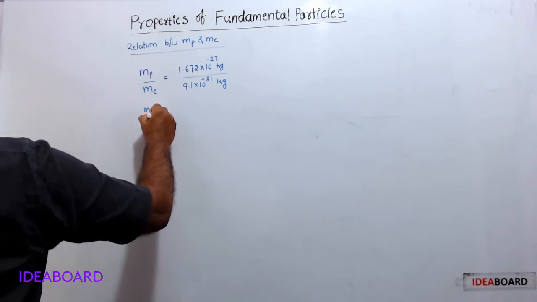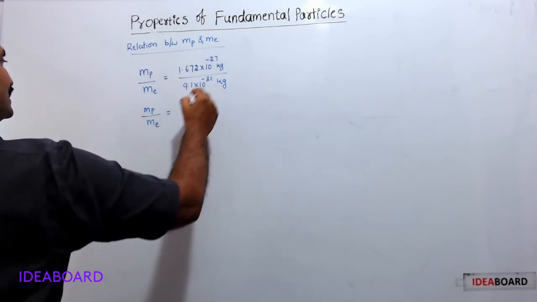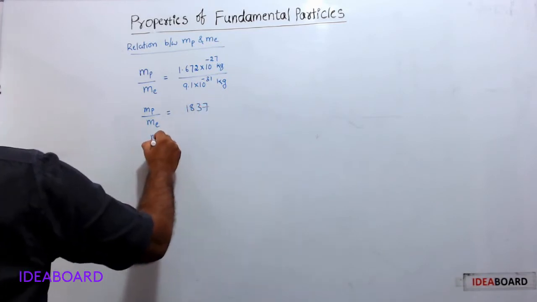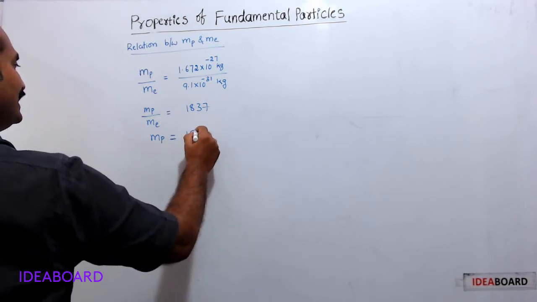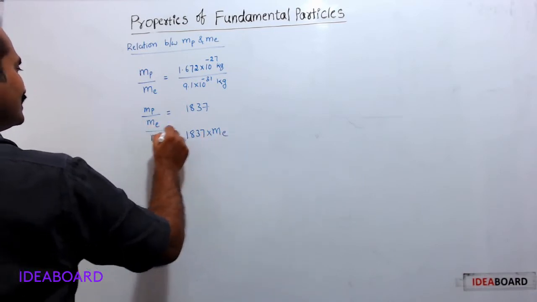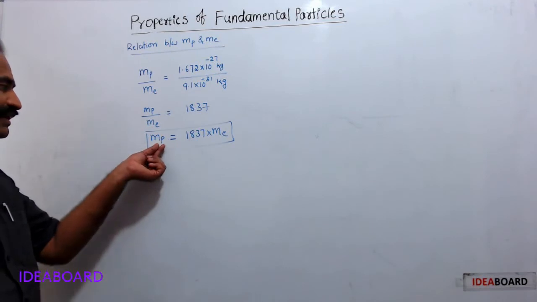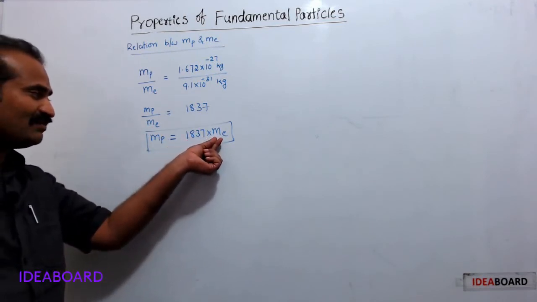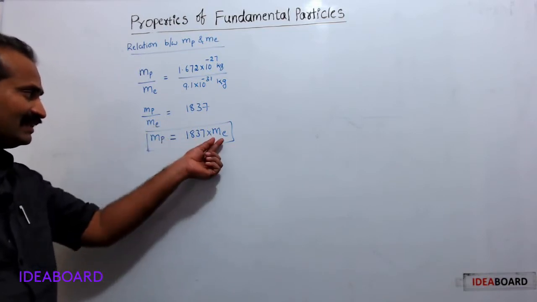So after simplifying this you will get 1837. So therefore mass of proton is equal to 1837 times that of mass of electron. This is one important conclusion. Mass of proton is heavier than that of electron.